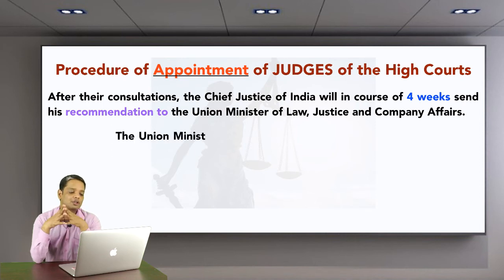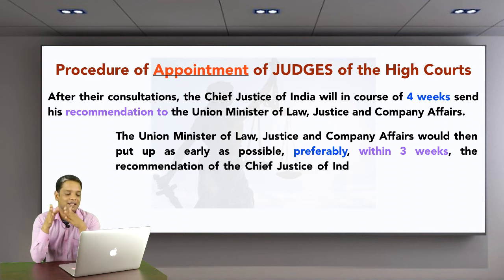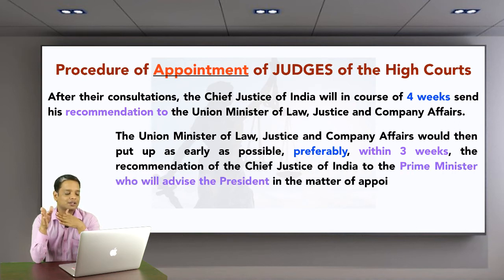Now, the Union Minister of Law, Justice and Company Affairs would then put up as early as possible, preferably within 3 weeks, the recommendation of the Chief Justice of India to the Prime Minister, who will advise the President in the matter of appointment.